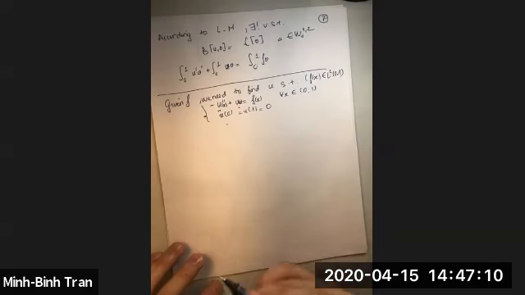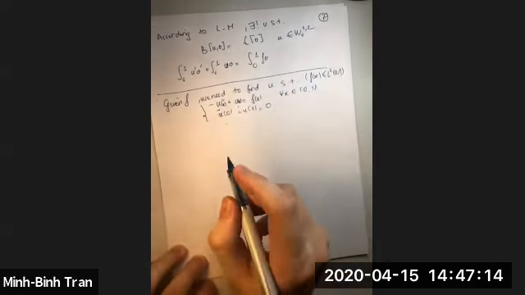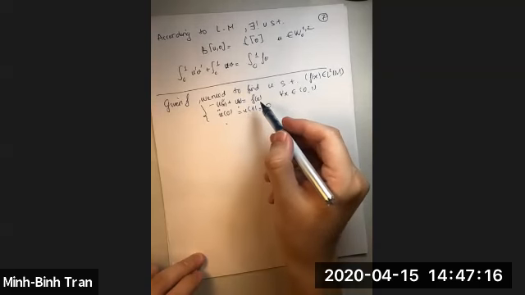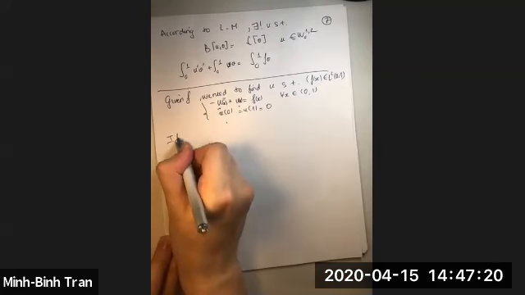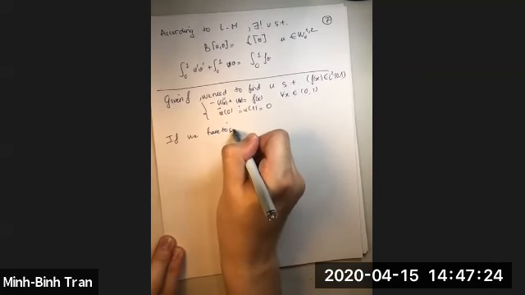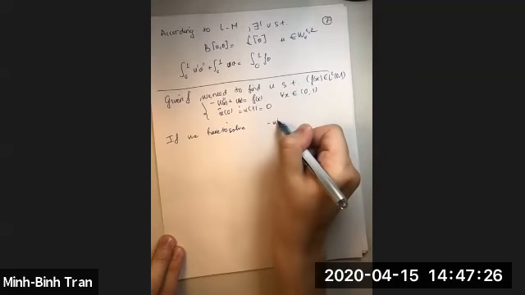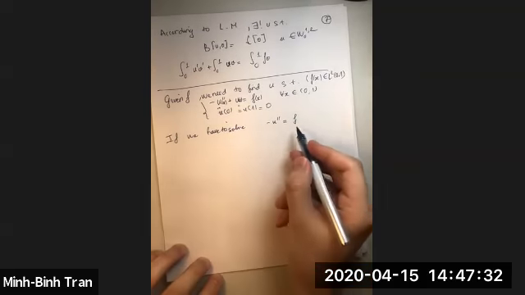So if there is no U term, then things become easy, right? If we have to solve minus U second is equal to F, then this is easy because you integrate twice, right?